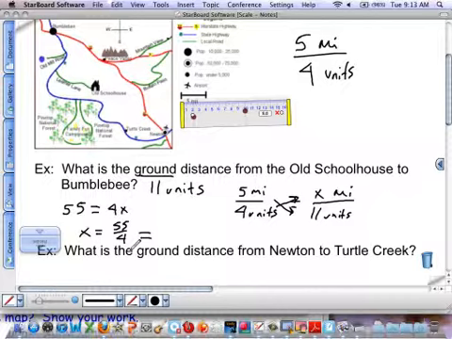Should be 14 1/4, is that right? Should be 13.75. So 13.75 miles. Now, do you understand that process? So you use the scale and set up the proportion, cross multiply and divide. Let's try that again.